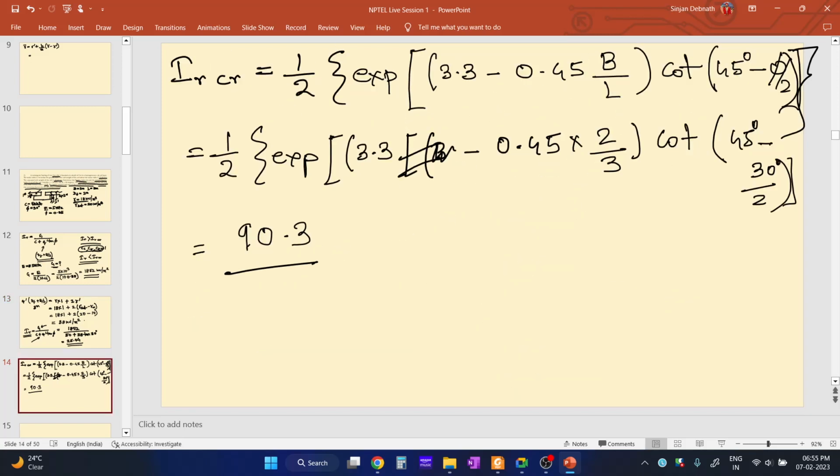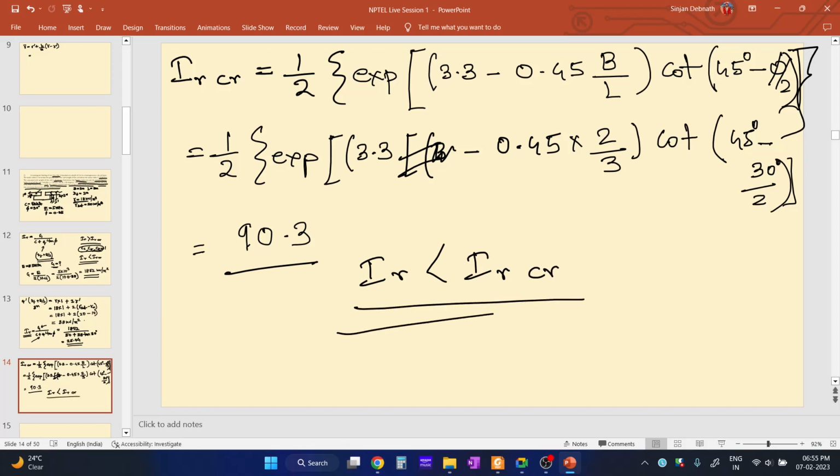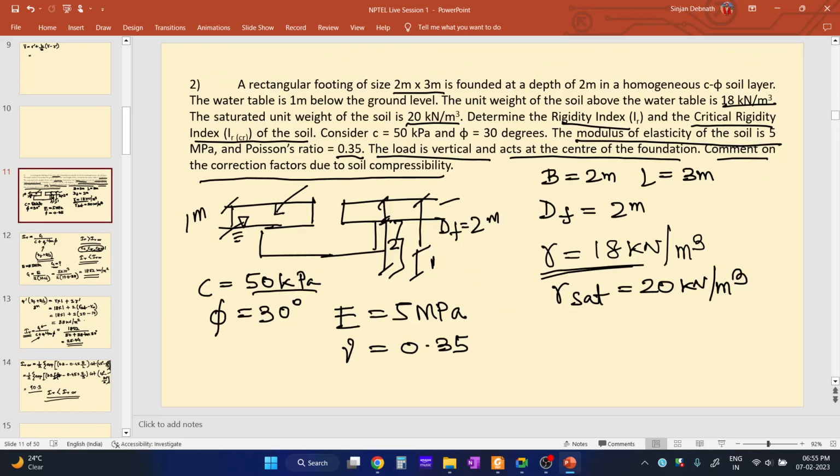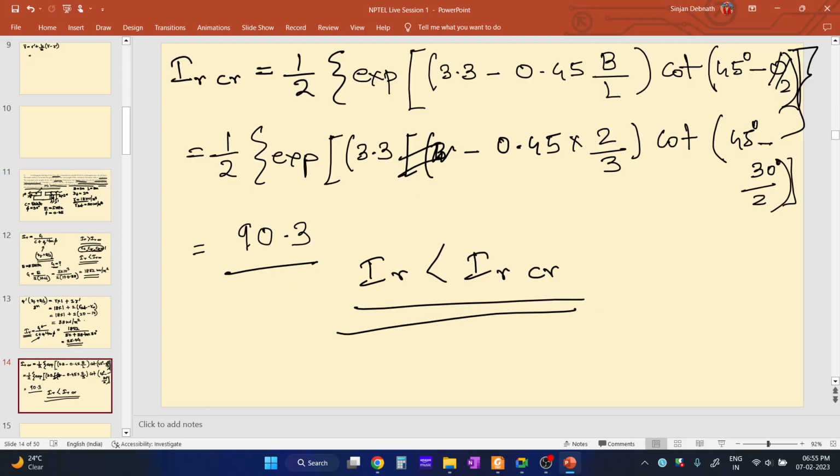So that means IR value is much lesser than IRCR. Okay. So here there is a statement, comment on the correction factors due to soil compressibility. As I have told earlier, if the rigidity index of soil is lesser than the critical rigidity index of the soil, in this case the soil will be compressible.